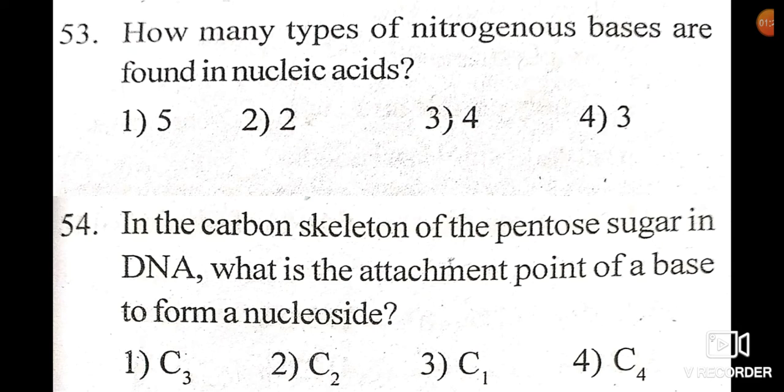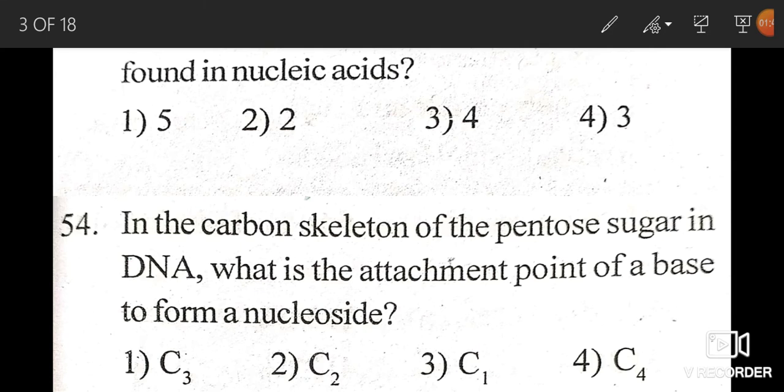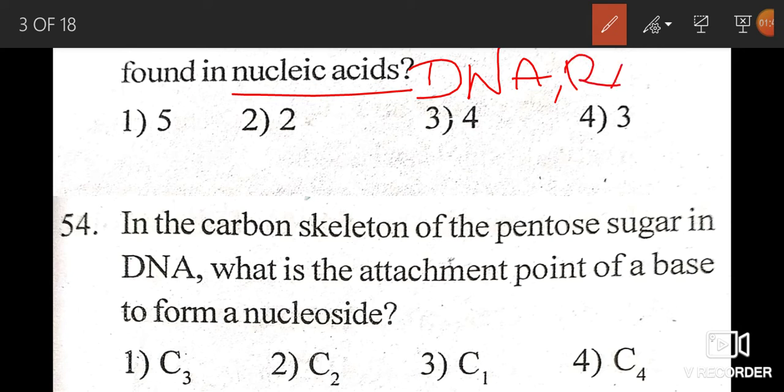Question number 53. How many types of nitrogenous bases are found in nucleic acids? So nucleic acids are 2 types, that is RNA and DNA. In those, both contain 5 types of nitrogenous bases.